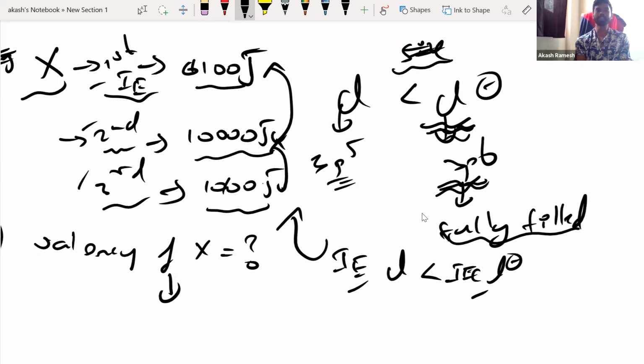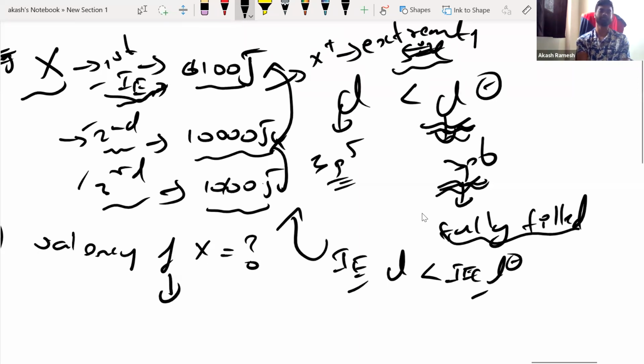Now, whenever you see that there is a huge jump, that means after you spend the first ionization energy, that particular X plus would have been extremely stable.